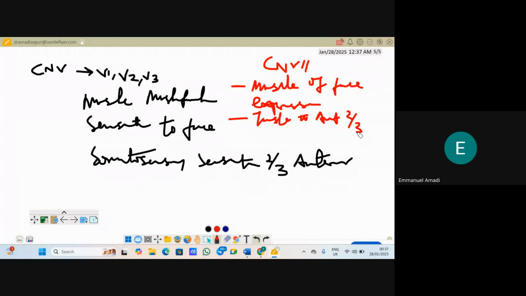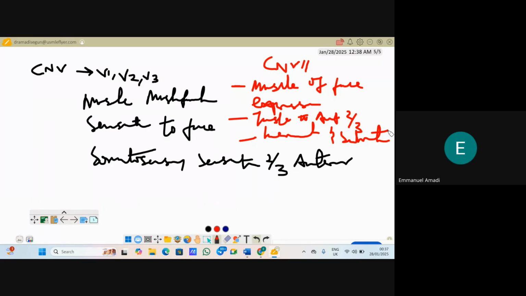Then in addition to this, it will also be responsible for lacrimation, that is tears production. It is responsible for salivation, especially from the submandibular and sublingual salivary glands. So I'll put lacrimation and salivation. You need to be taking note of these things I'm saying, because we're going to use them at the end.